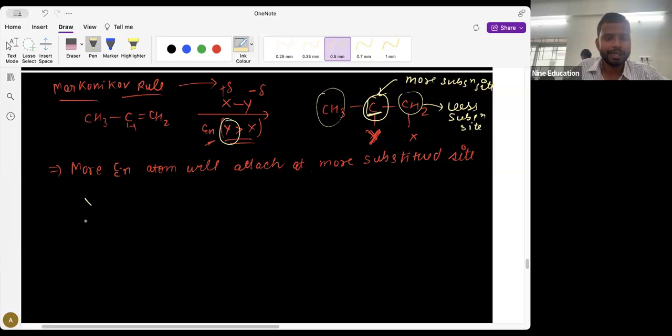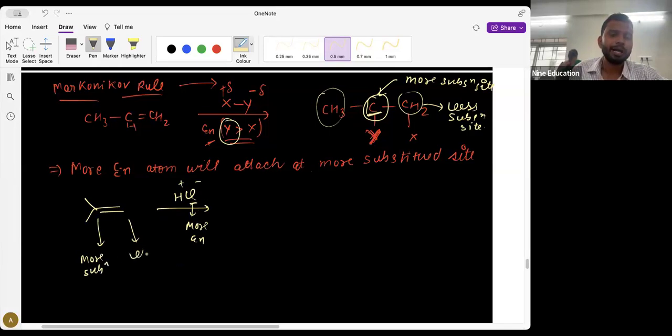तो let's say we take an example, अगर ये वाला है and I put in this HCl, so Cl minus, which is more electronegative than H, will come at two positions. It can come at more substituted side or at less substituted side.